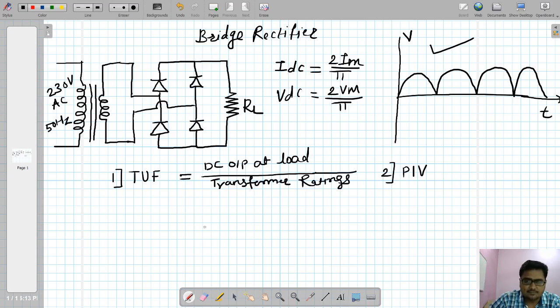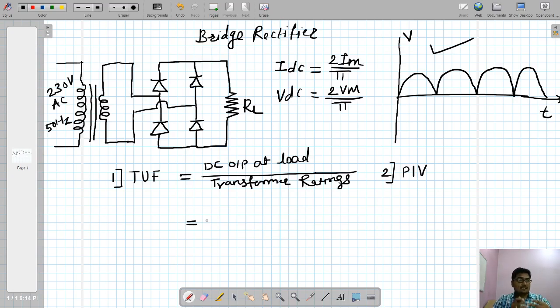Instead of voltage, I shouldn't use the word voltage. It is actually power. I must say power. That is DC power delivered to the load divided by transformer ratings.